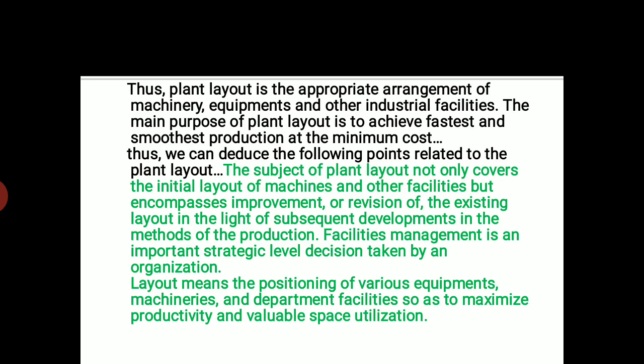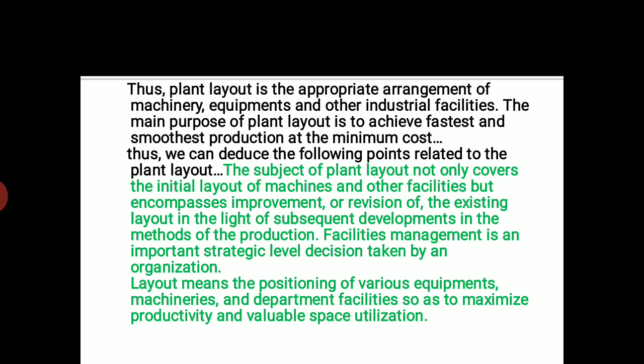Thus, the subject of the plant layout not only covers the initial layout of the machines and other facilities, but also encompasses improvement or revision of the existing layout in the light of subsequent development in the methods of production.